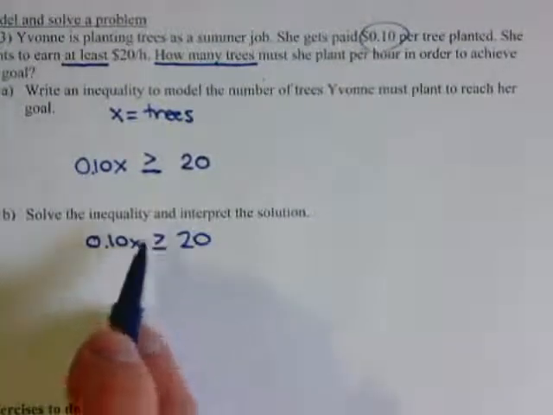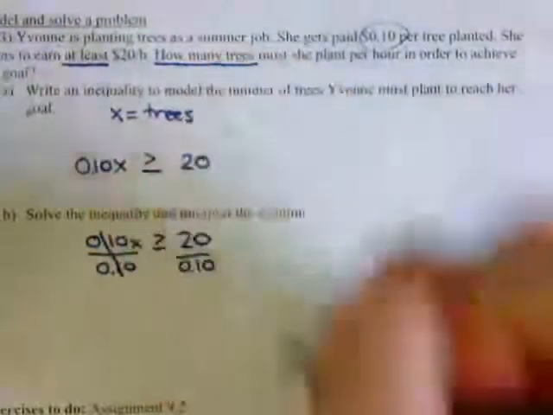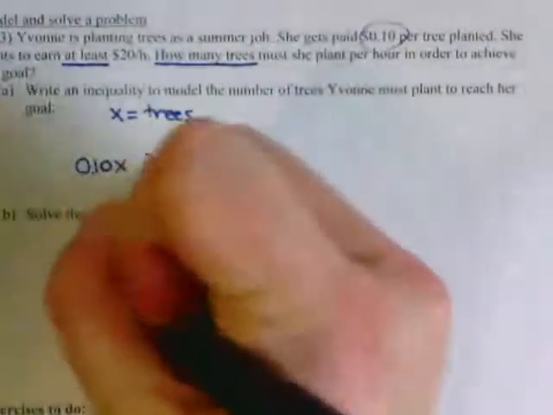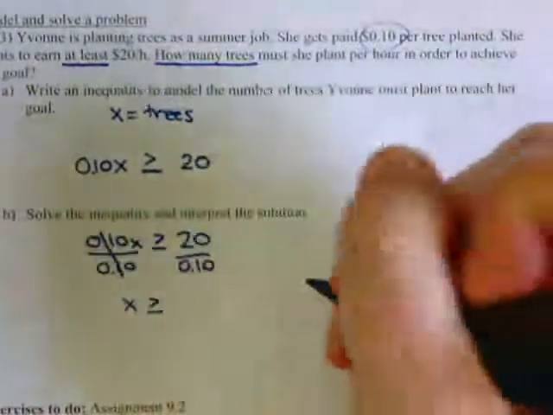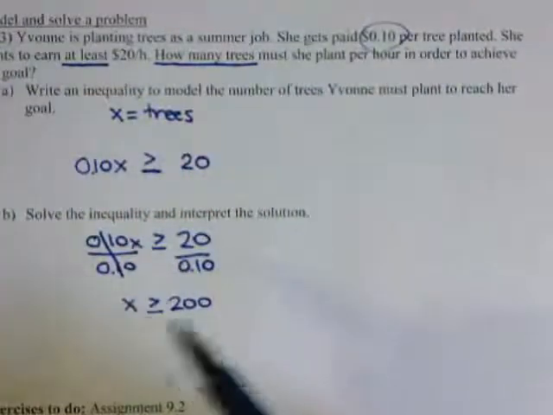Therefore, I don't have to worry about reversing this symbol. I simply divide to isolate my variable. And x is greater than or equal to 200. That's my solution. Now let's interpret.